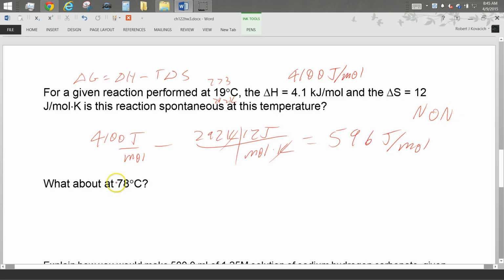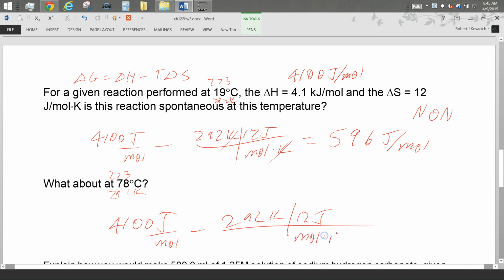All right, and then what about at 78? So we'll go 273 here, and we'll go 192, and we'll go K, and we'll do this calculation again. And 291. Did I mess that up?